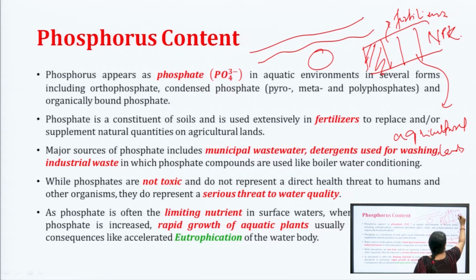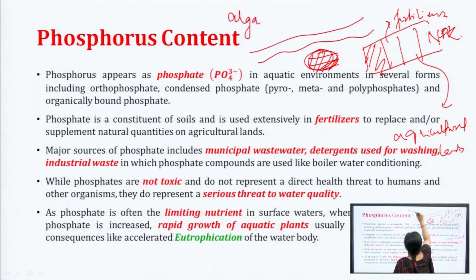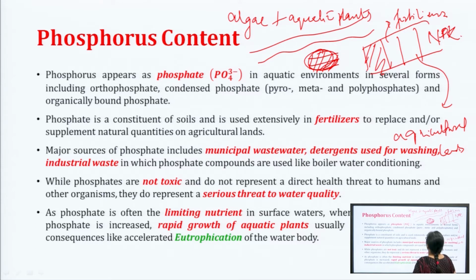Now, phosphorus is a limiting element, not limiting metal. If we talk about a water body, I think you must have seen that some water bodies are completely covered with algae and aquatic plants.